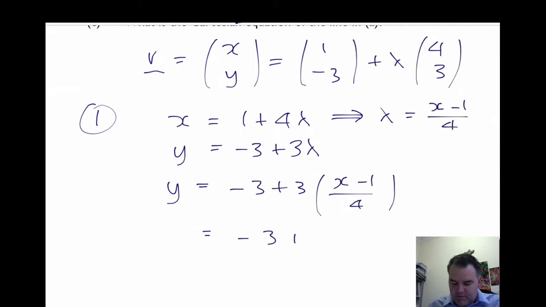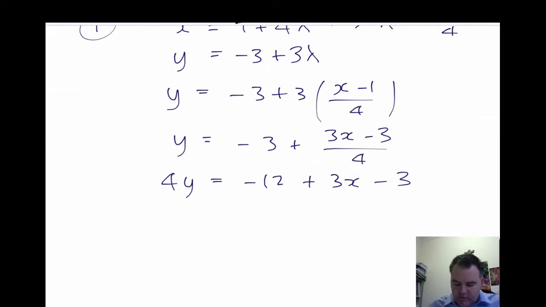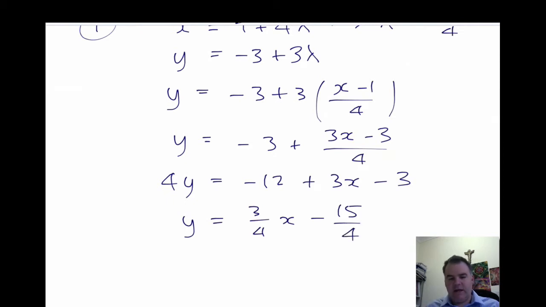Multiplying everything by 4, I've got 4y equals -12 plus 3x minus 3. Let's tidy this up: y equals 3/4 x, and -12 take off 3 is -15, so minus 15 over 4. There's our straight line in Cartesian form, in the standard form we're used to seeing it.